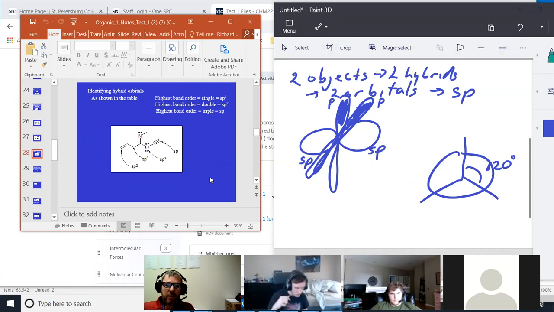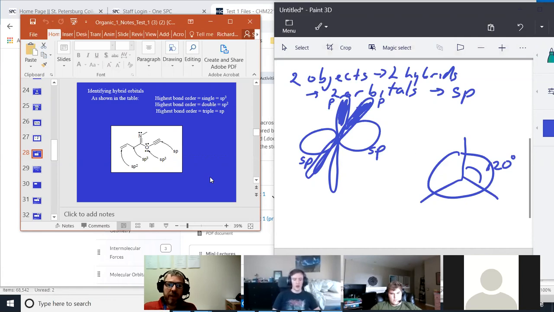All right, so let's look at how we might identify the hybridization of certain bonds. You can see how easy it is to do this. And really what it's about is counting the objects around an element in order to determine what its hybridization is. It's really easy because all you have to do is look at the kind of bond you see to that element.